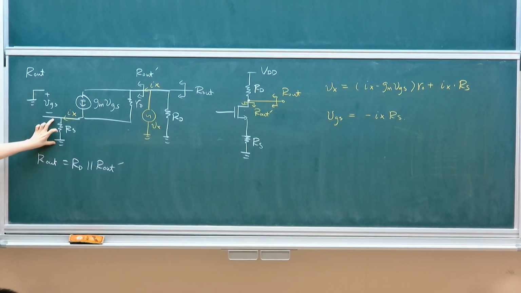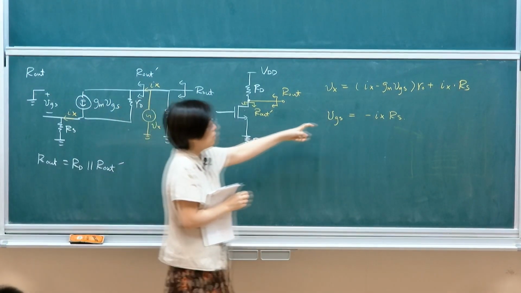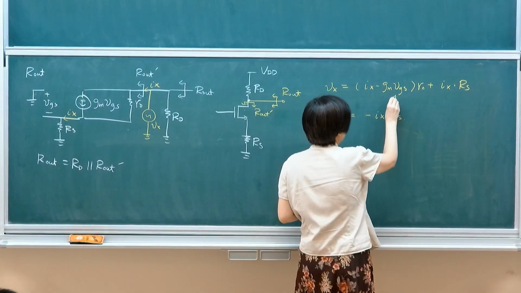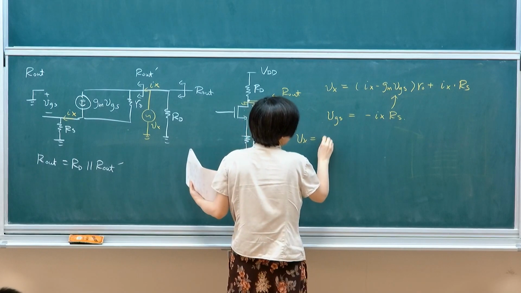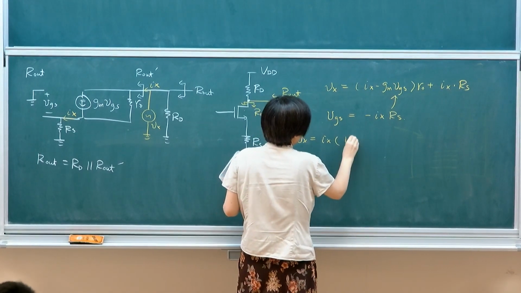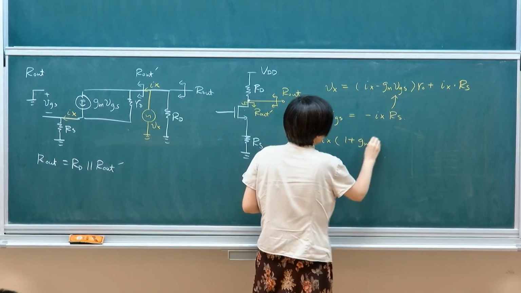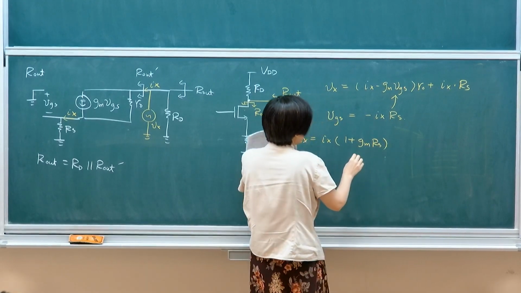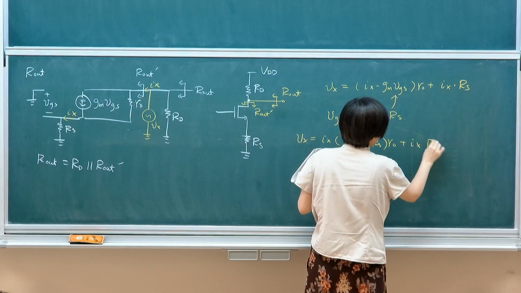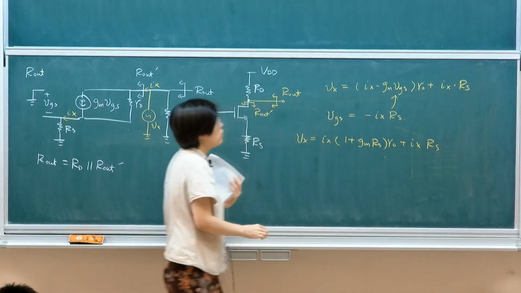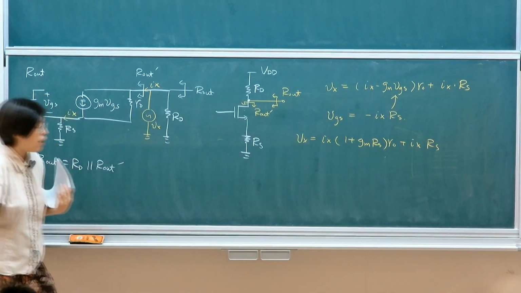This plus this equals 0. That's how we get this. We're going to insert this back in, and then you get Vx equals Ix (1 plus GM Rs) RO plus Ix Rs. So all of the terms are in Vx and Ix.